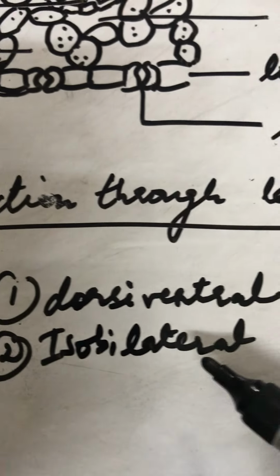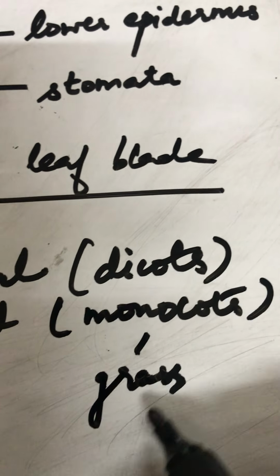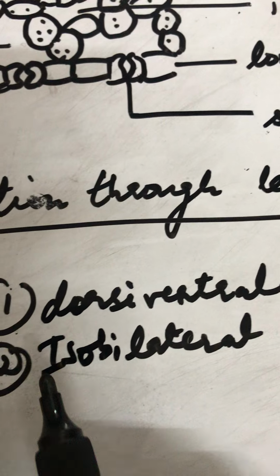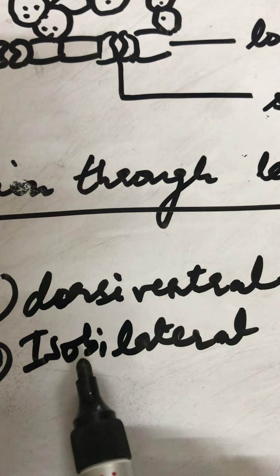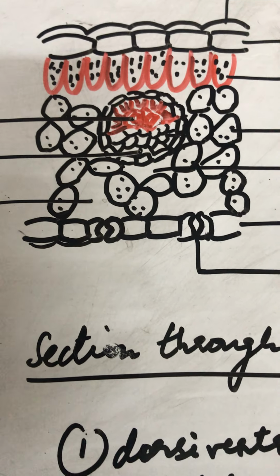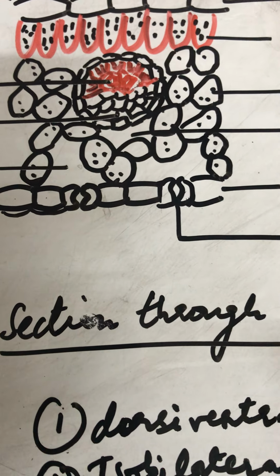On the other hand, an isobilateral leaf found in monocots like grass or bamboo or maize, these leaves are isobilateral. Iso means same and bilateral means both surfaces. So both surfaces have equal number of stomata, equal green shade, equally shiny or dull finish.